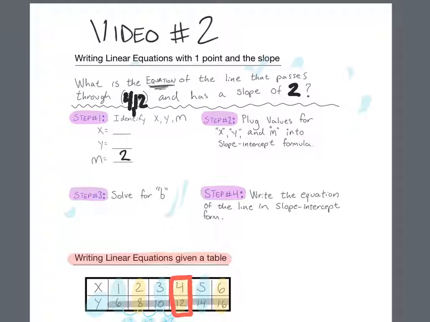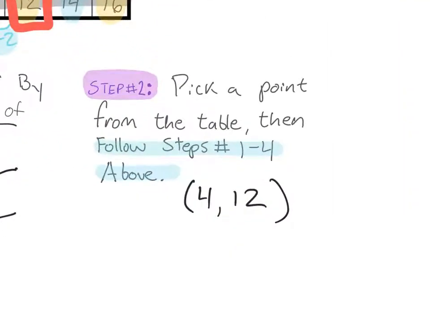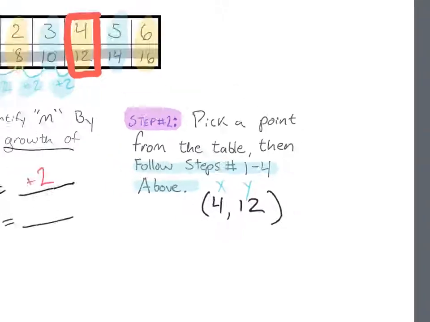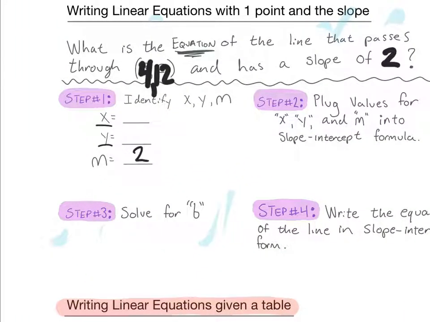And then let's go down here to find X and Y. We have 4 and 12 as our 2 coordinates. So X is always the first one, always, always, always, and Y is always the second. So we're going to take those 4 and those 12, and we're going to move them on up into our pieces. 4 and 12.